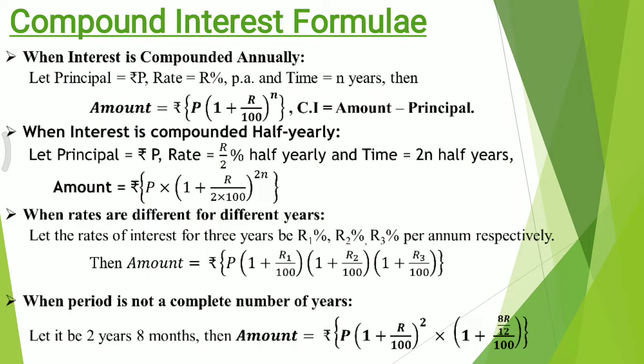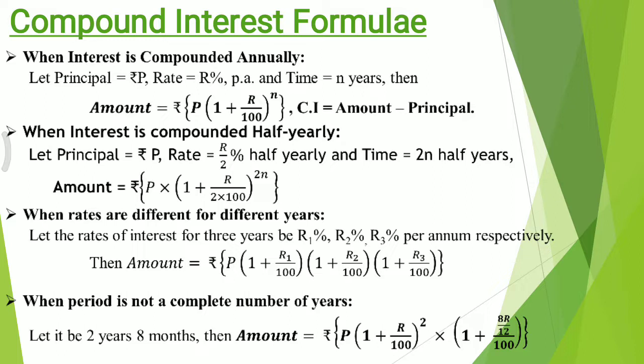Today I am going to explain the formulas which are used to calculate compound interest. Compound interest formulas are calculated annually, half-yearly, or for different years, or without completing the number of years.